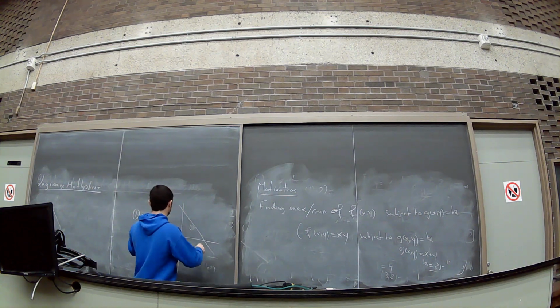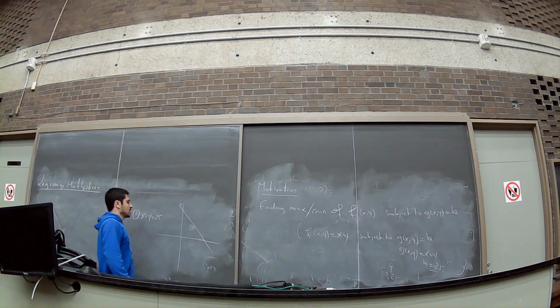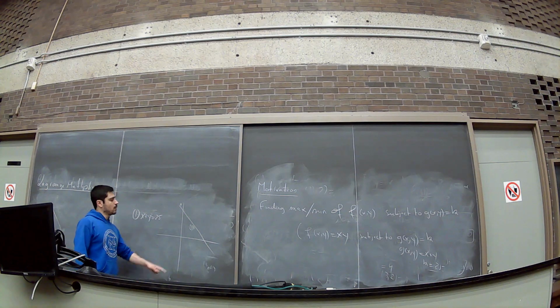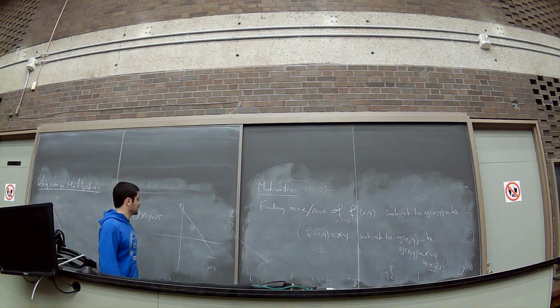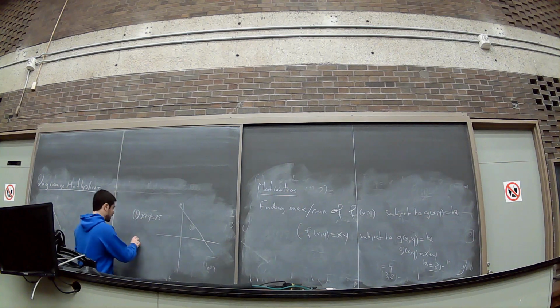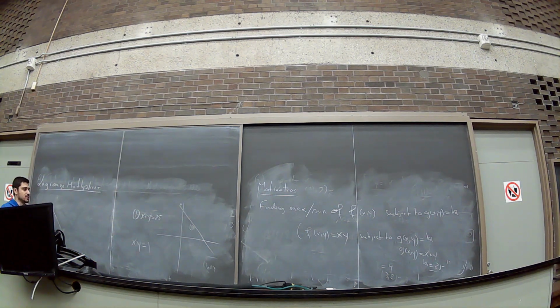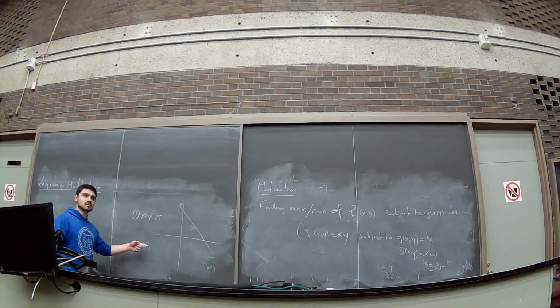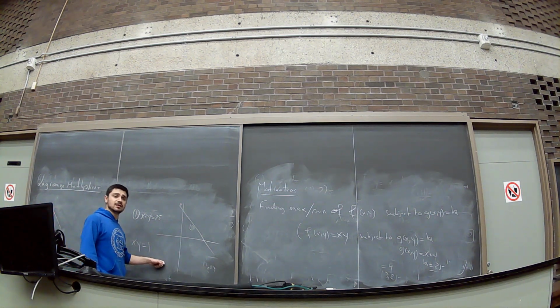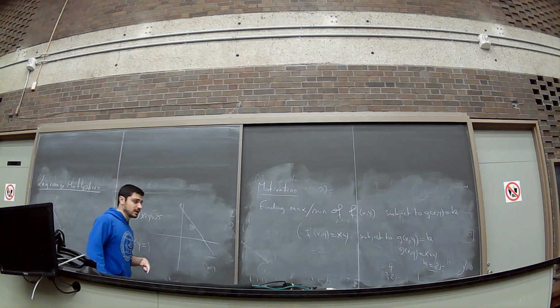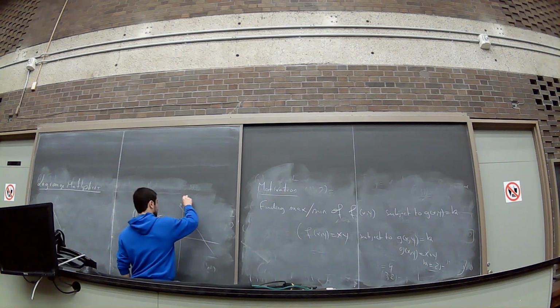This is the line here. Now, I want to find the largest value of xy. What can you try? Let's try putting xy equal to 1. How do I draw this in the plane? xy equal to 1 is y equal to 1 over x. This is the hyperbola, the 1 over x hyperbola.